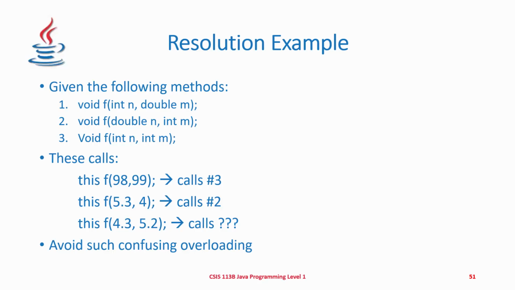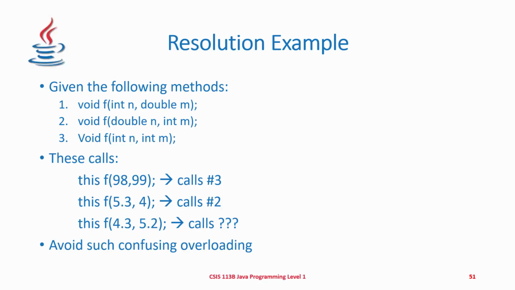If you have a method that's overloaded 3 different times, the first one accepts an integer n and a double m. The second one accepts a double n and an int m, so just the two flipped. And then the third instance just accepts 2 integers. They're still n and m.